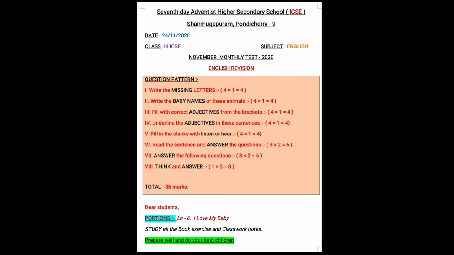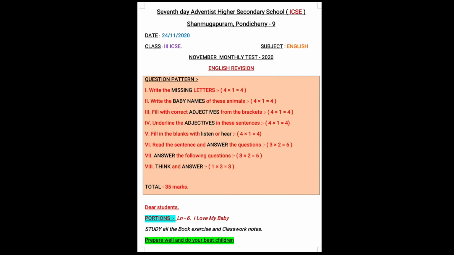So you must learn all the baby names mentioned in your lesson 6. Third Roman letter is adjectives. Fill in the blanks with correct adjectives from the brackets, followed by underlining the adjectives in the sentences. So you have to find the adjective and underline it in the sentence.